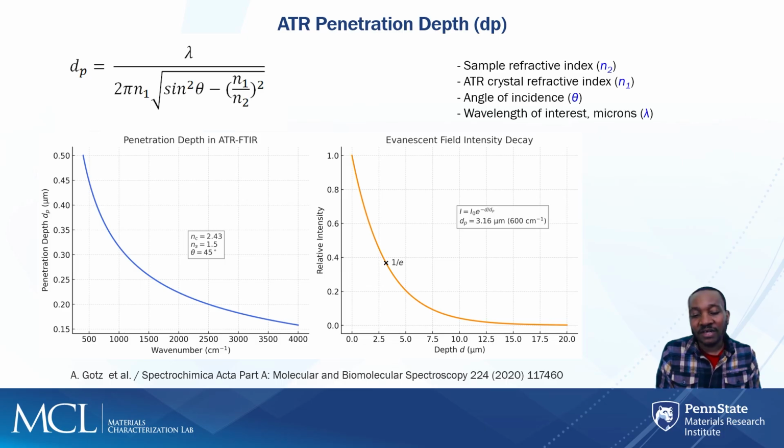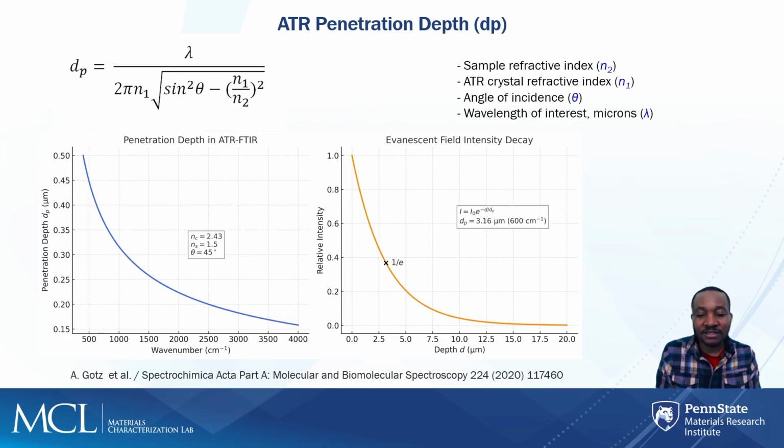And because of that, when we describe the depth of penetration, we're actually talking about the depth where we're getting a significant amount of the infrared signal propagating into your sample.